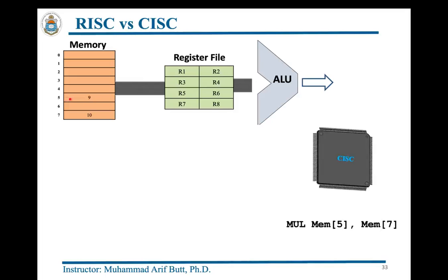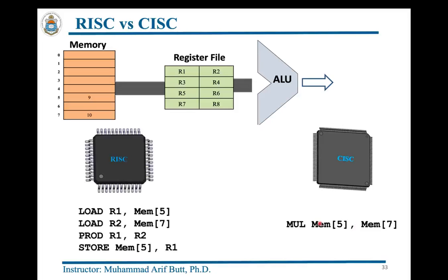Well, in case of CISC architecture, there exists a single complex instruction that can perform this task in maybe one clock cycle, and of course that clock cycle will reasonably be large enough to execute this complex instruction, or maybe in 70 to 80 clock cycles if the clock cycle is small. So this is what in case of a CISC, a complex instruction that operates on two memory operands directly.